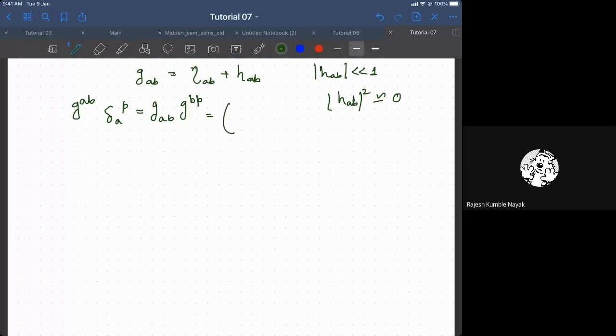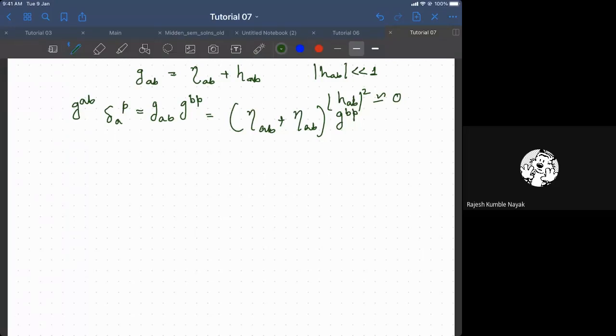Now we start with g_AB, no, not g, h_AB, oh, not even h. So eta_AB plus h_AB. For your convenience, I am not assuming the form of this thing at all. I am just using g^BP.